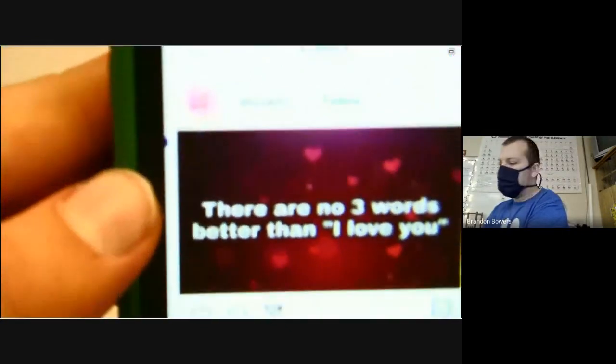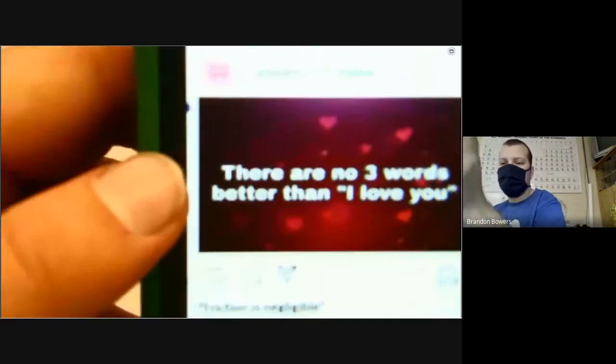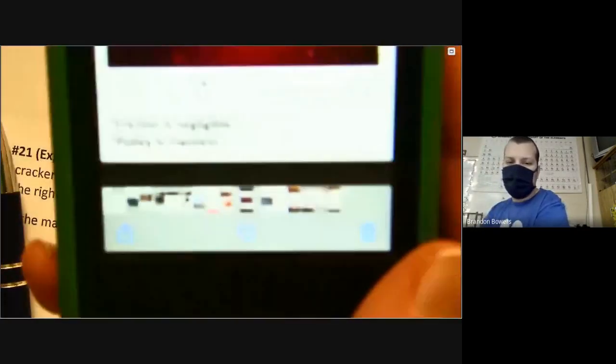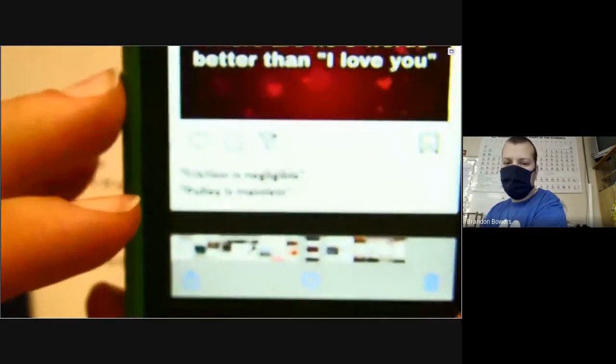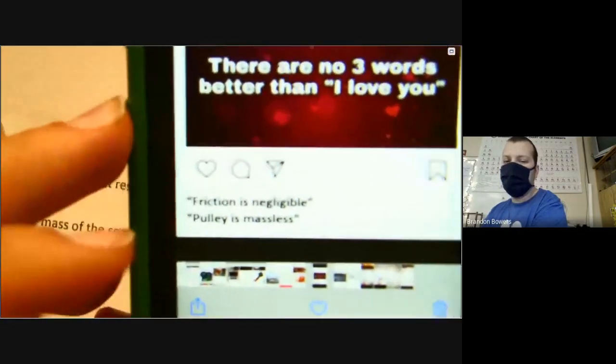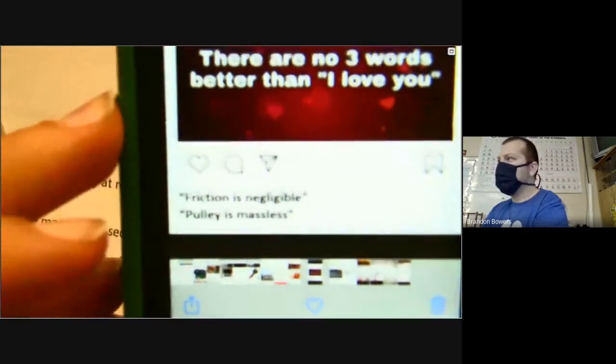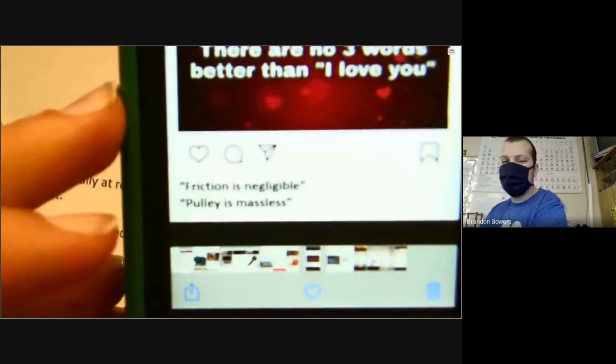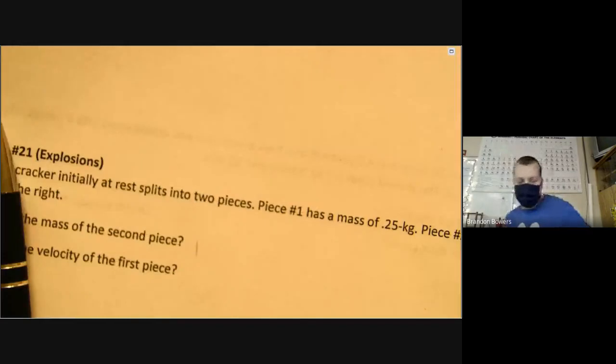At the bottom: friction is negligible and pulley is massless. Those three words are better than I love you. Depending on the night, yes. So if you're dating a physicist, don't say I love you. Just hand them a card: friction is negligible. Cross out I love you on the card and put frictionless.